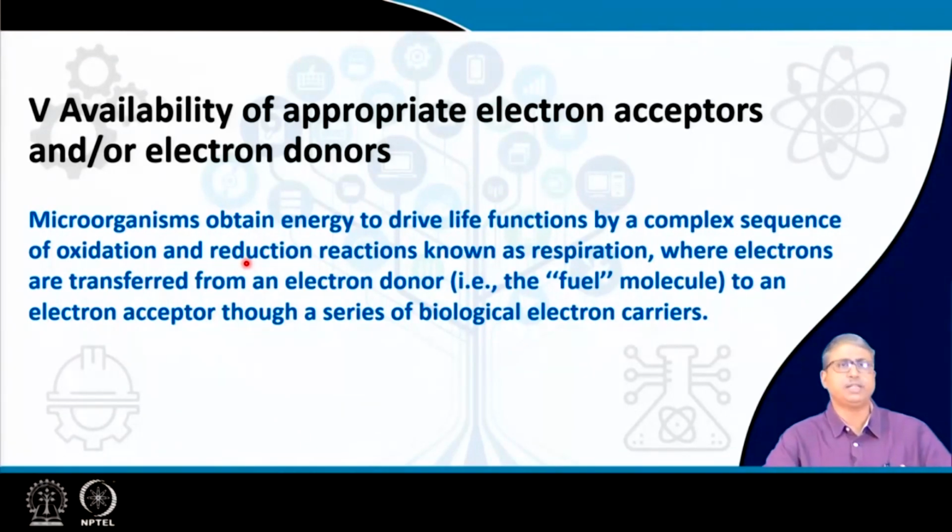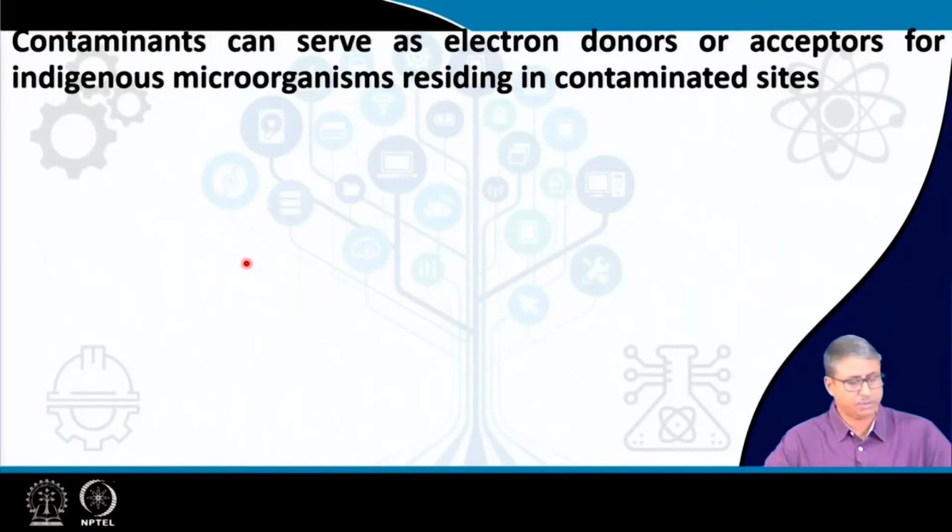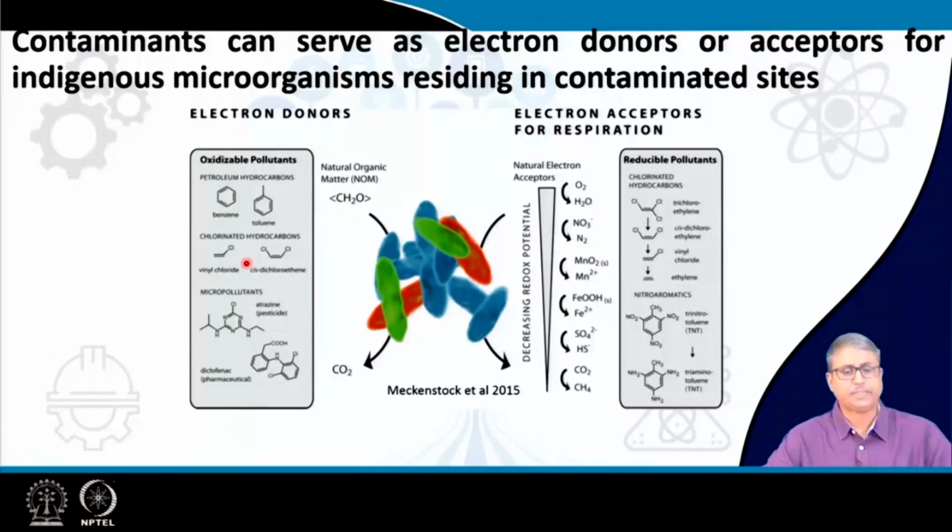So it is not merely an oxidation process; it is oxidation on one hand and reduction on the other. Some electron acceptors must be available and must play a role in accepting the electrons, so that the flow of electrons goes on. The electrons are transferred from the electron donor, that is a fuel molecule, to the electron acceptor. We have already discussed that contaminants can serve as electron donors in most cases where oxidation is involved.